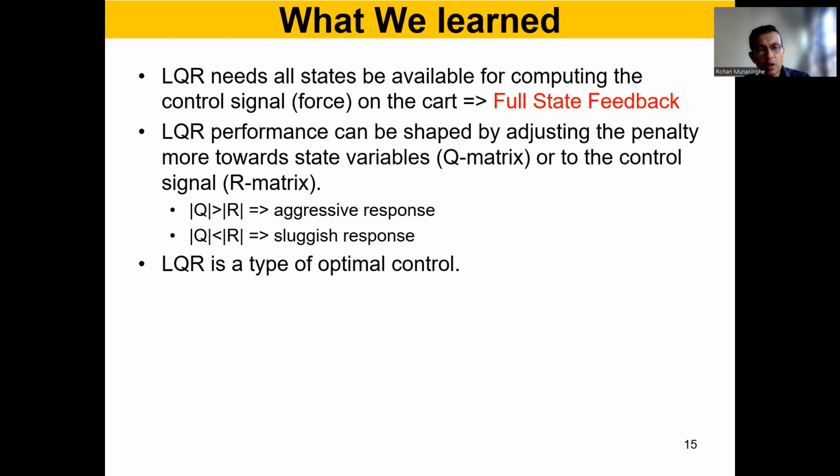Now, what if we have a big Q matrix compared to R? So elements in the Q matrix, the norm of the matrix, Q is greater than R, which means numbers are bigger in Q than in R. So what we're telling MATLAB is that it's more costly to have big state variables than big control signals.